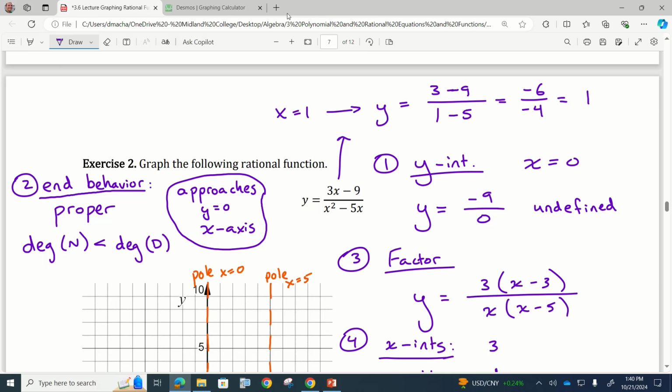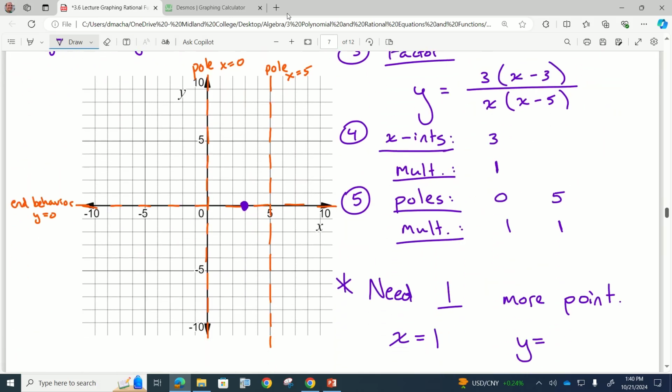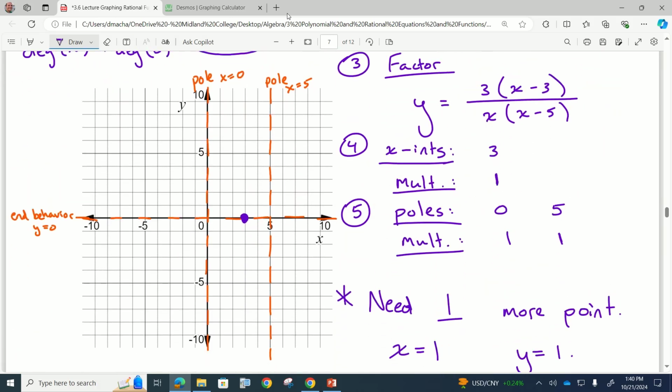And this is together positive 1.5. So when x is equal to 1, y is equal to positive 1.5. And I'm going to plot that right here. X is 1, y is positive 1.5. And this is where I'm going to start from now, since I don't have a y-intercept.